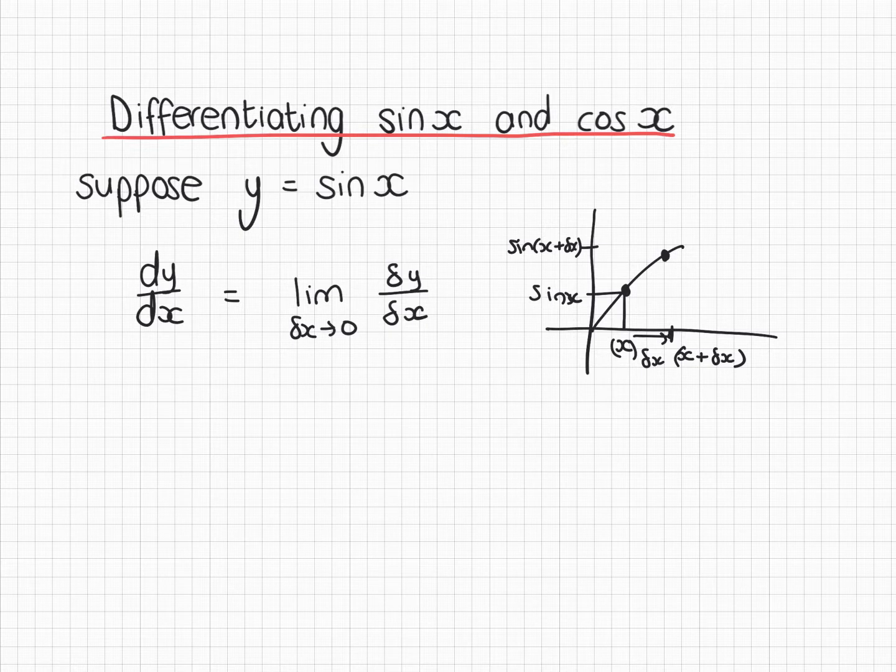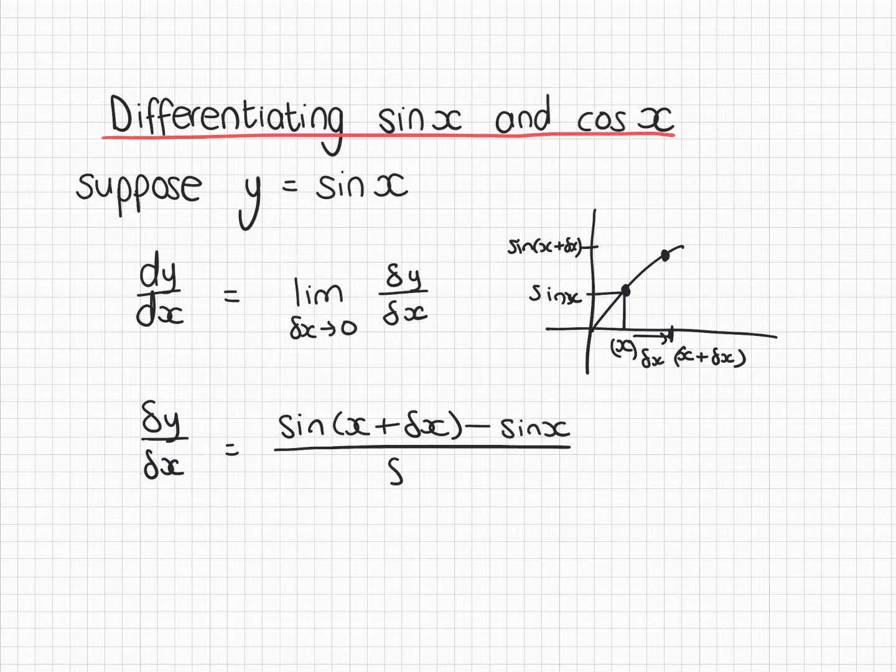So hopefully you should see then that delta y over delta x would be sine of x plus delta x minus sine x, all over delta x.